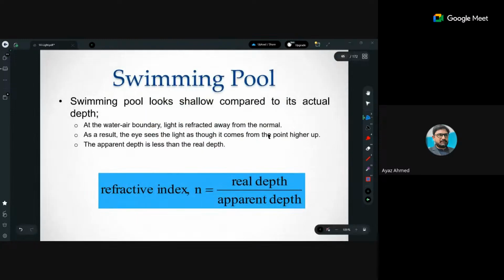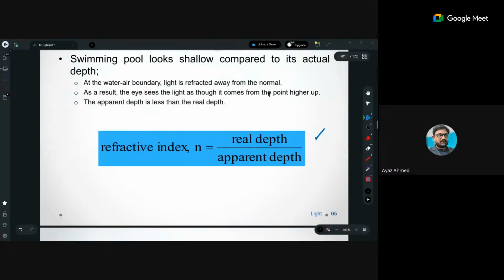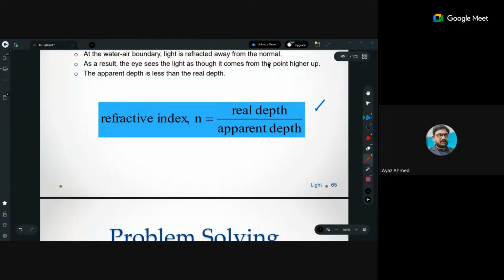Okay, then the third relation, for water or underwater objects: the refractive index is the ratio of real depth to apparent depth. You have to recall this formula. I am going to tell you with a diagram how the bending of light takes place.